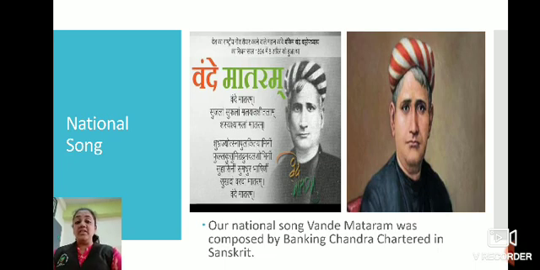In which language? Yes, in Sanskrit. You can see the picture of Bankim Chandra Chatterjee. So this is all about our national song.